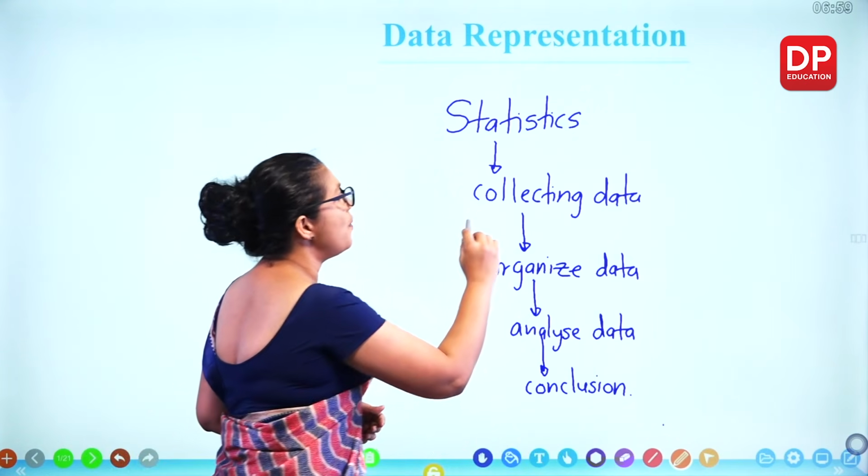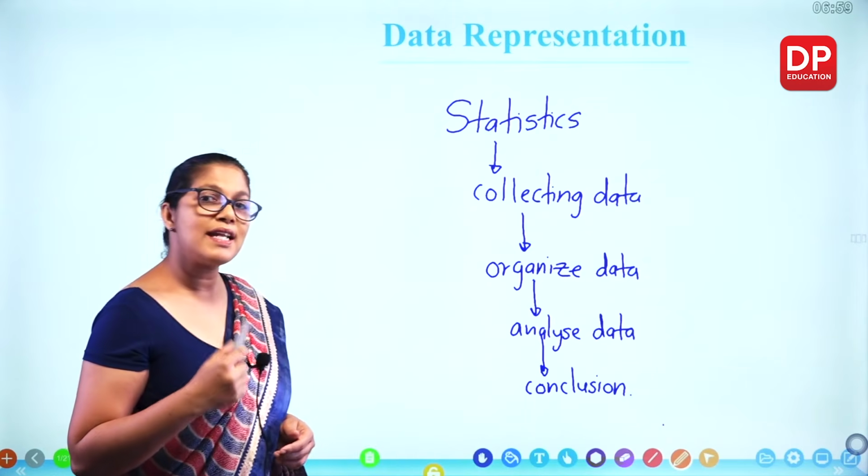So now we'll see how we can organize data.